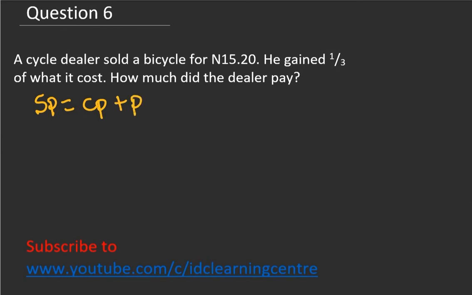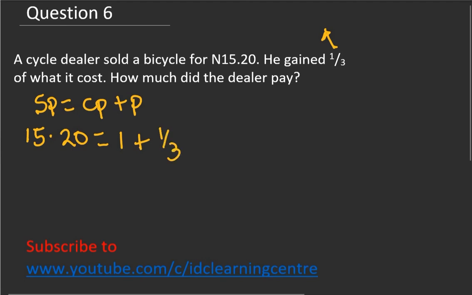The selling price has been given as 15.20, but then the profit was given as a fraction, which is 1/3. For profit and loss, cost price is always 1 when represented as a fraction. So plus the profit, which is 1/3.